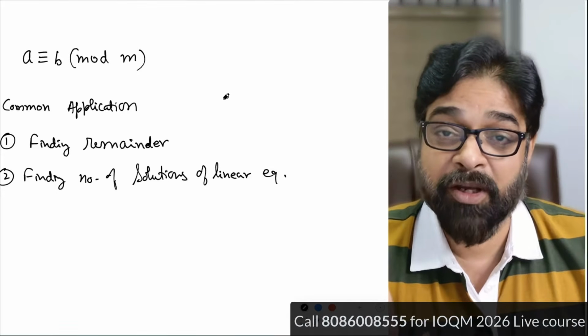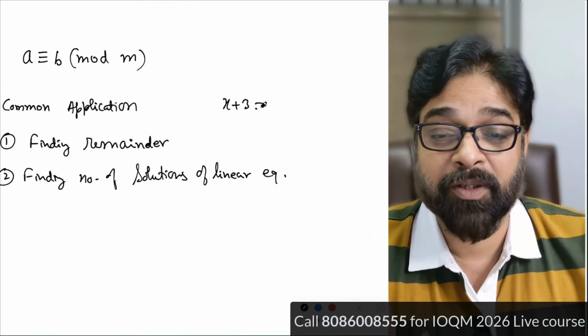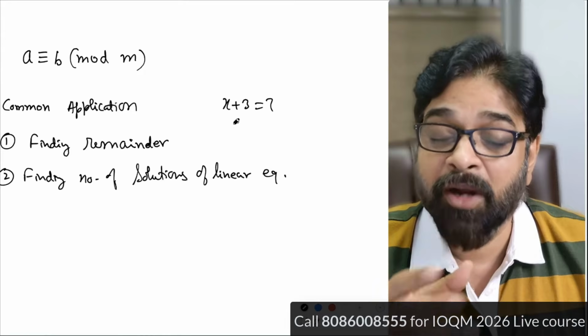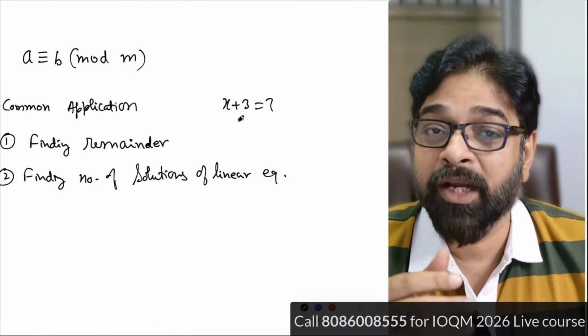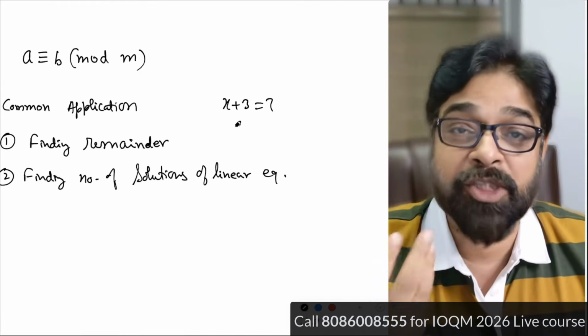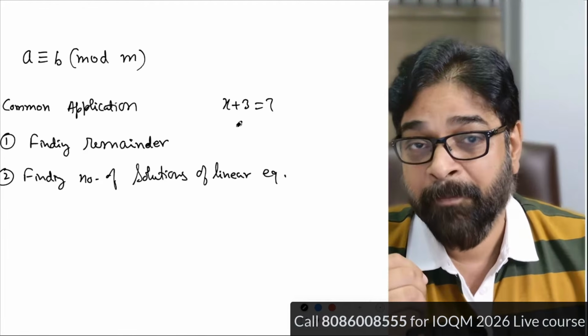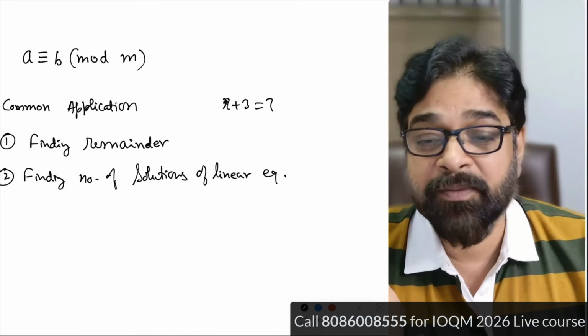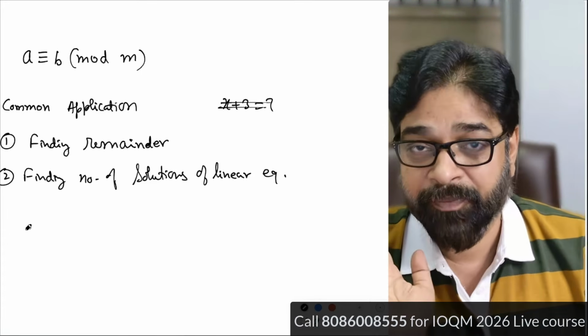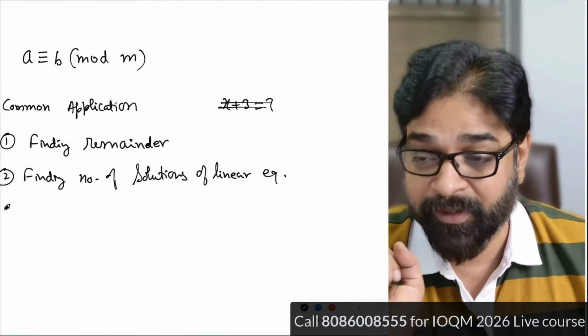If you are talking about x plus 3 equal to 7, why should I go for remainders and congruency? I'm not talking about this. I'm talking about multivariable equations, where more than one variable is involved and you have to find the number of solutions. So those base properties of congruency we can use. That is the second application of this.